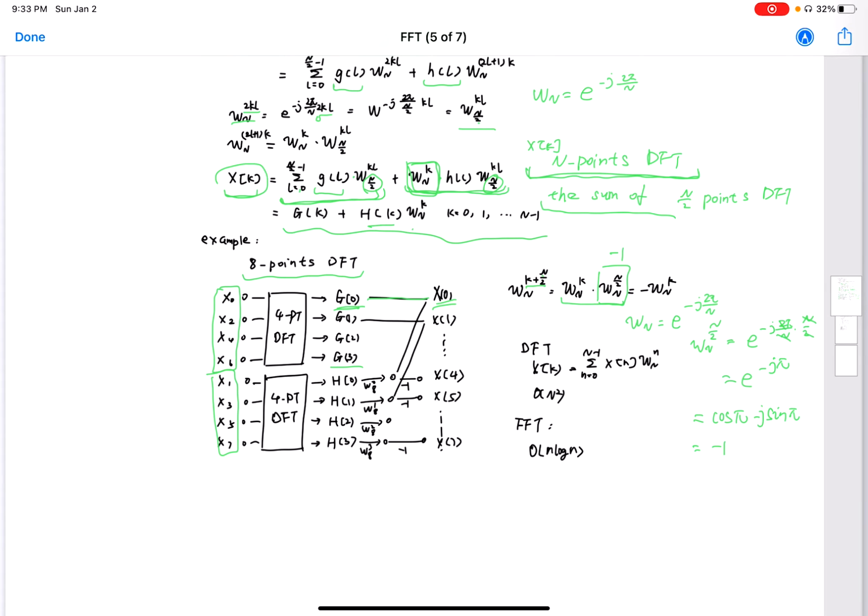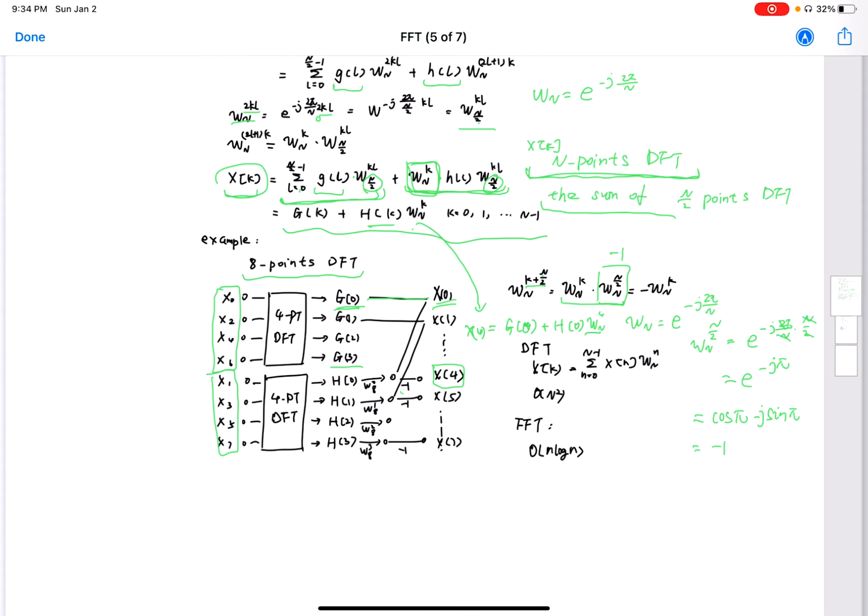So using this formula, X4 equals J0 plus H0 times omega 8 to the power of 4, and omega 8 to the power of 4 is equal to minus omega 8 to the power of 0.